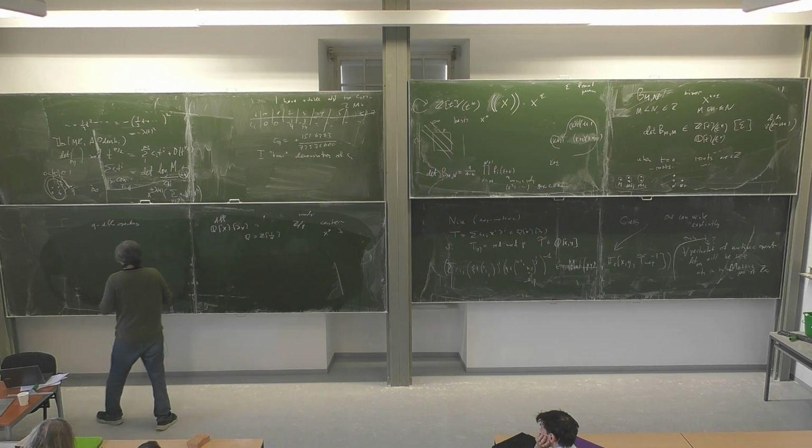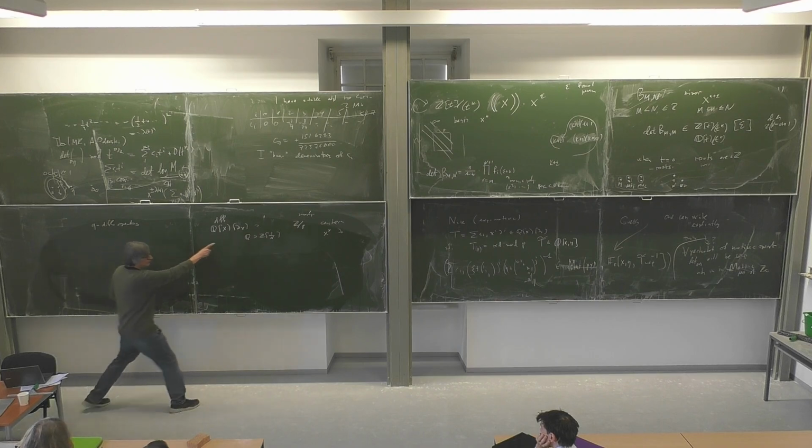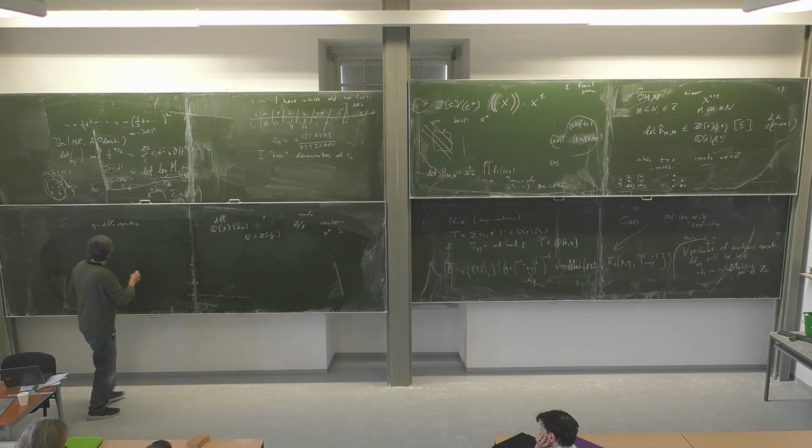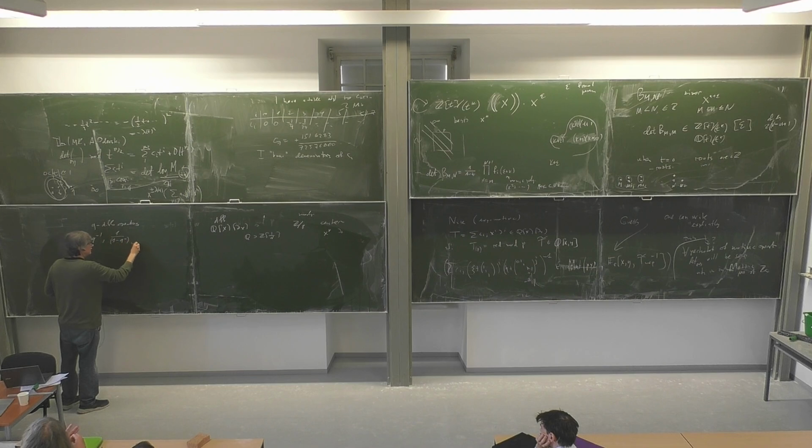And for differential operators, I don't want to have an analog of Q, but I want to have an analog of these rings. The analog of these rings will be: you consider rational functions, polynomials in Q and Q inverse, and you allow all possible roots of 1.